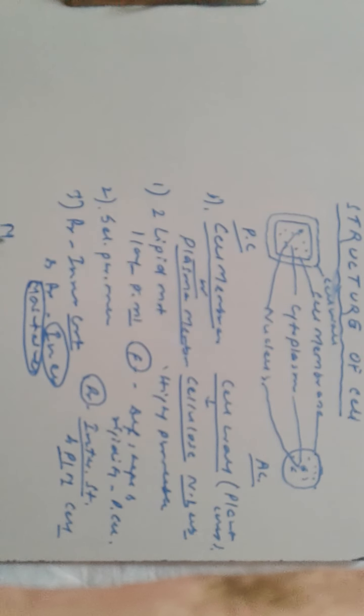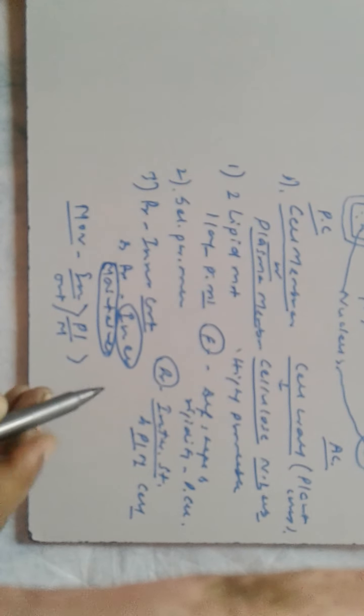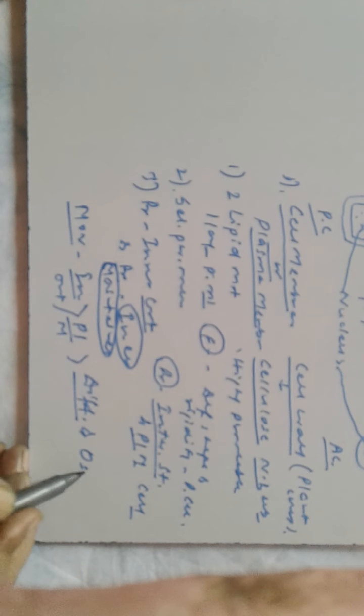The movement inside and outside of the cell is maintained by the plasma membrane through two processes. What are those two processes? Diffusion and osmosis.